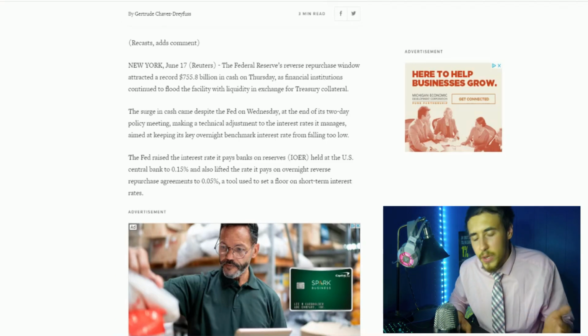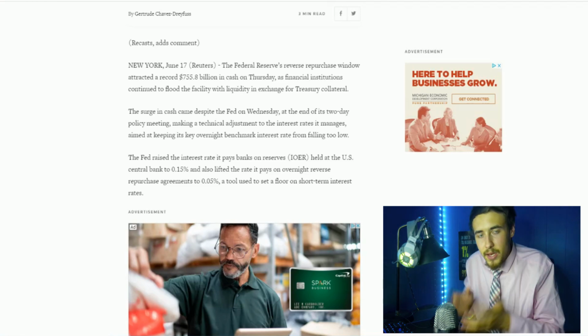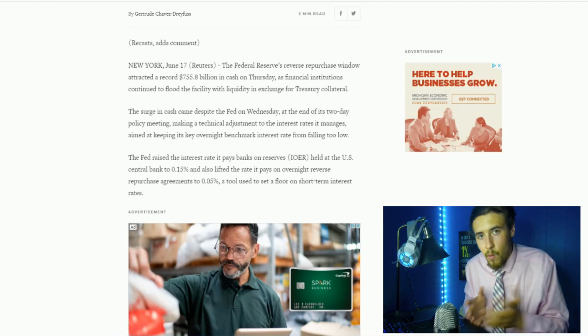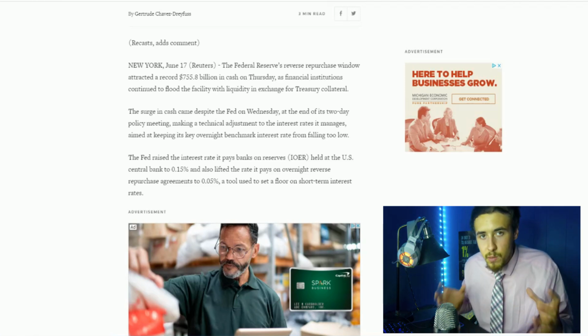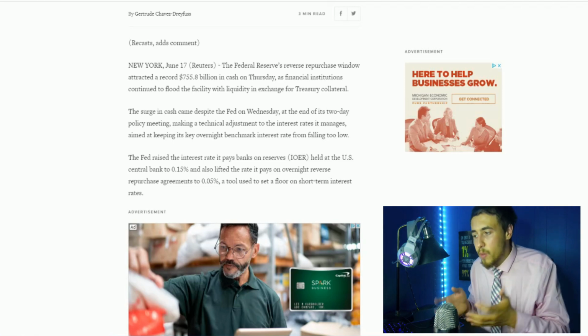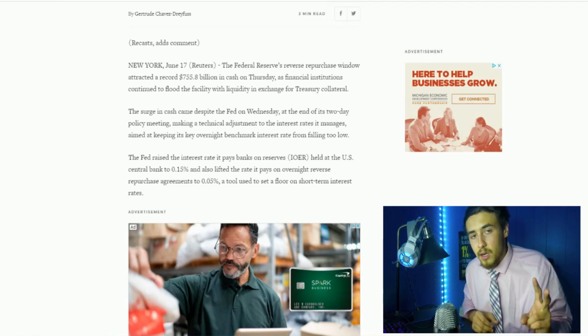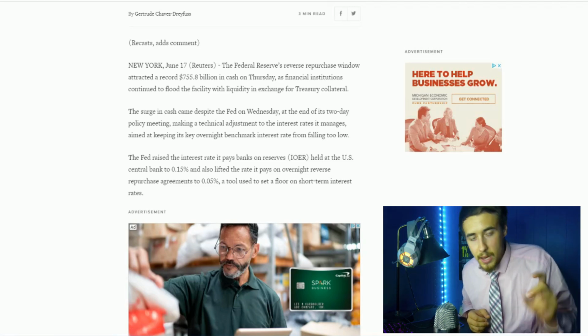Also, another reason why we may be seeing this huge spike in reverse repos is that we know about 25 to 40% of all the world's money, but mostly in the United States, was printed in 2020, and we know that inflation is starting to heat up and is well over the Federal Reserve's 2% inflation target per year.